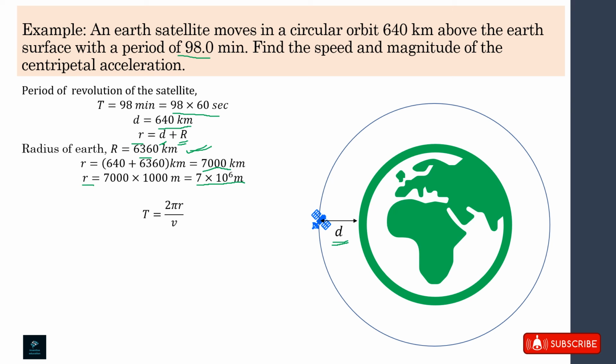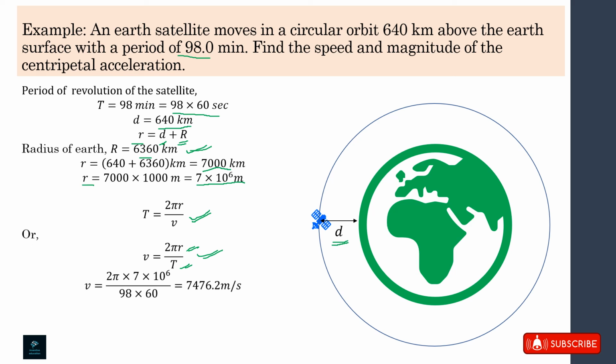Now we are given that time period of revolution is 98 minutes, which is equal to 2 pi r by v. From this we can obtain velocity magnitude as v equal to 2 pi r by T. Putting the values of r and T, we can obtain v as 2 pi into 7 into 10 to the power 6 divided by 98 into 60.